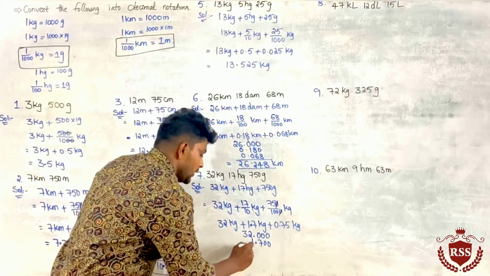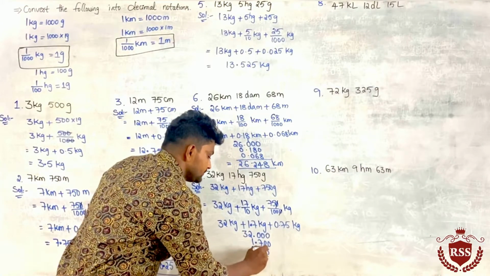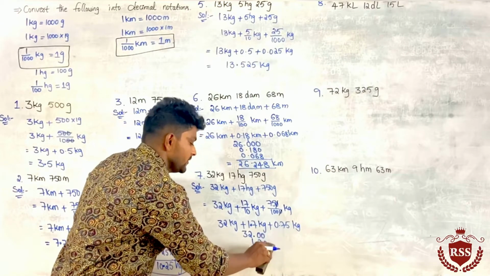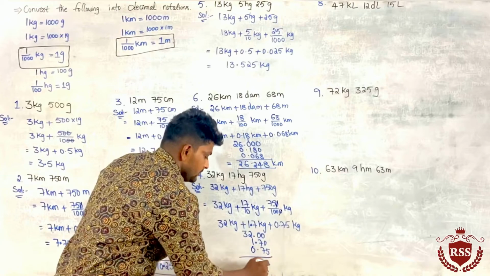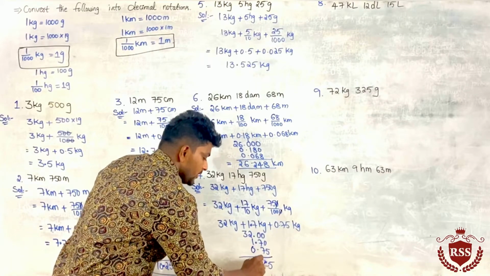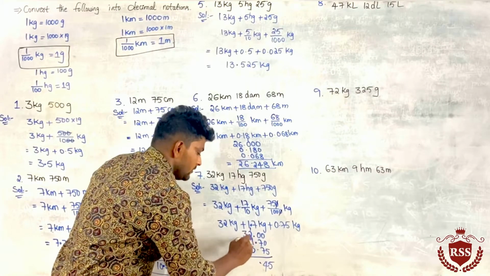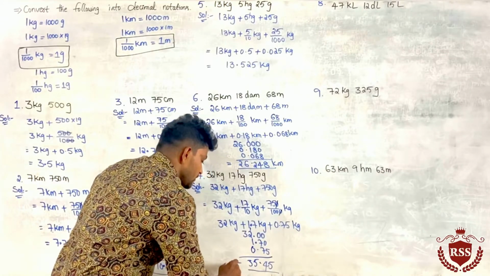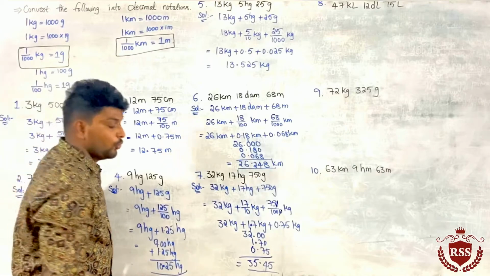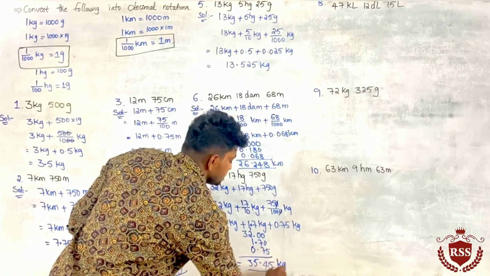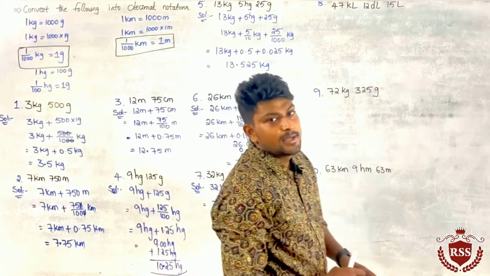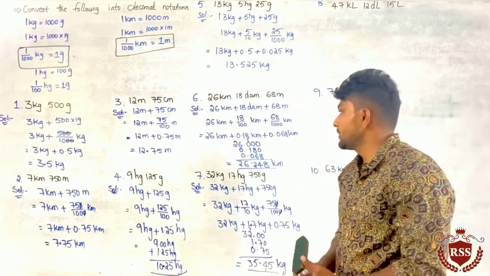Next, 0.75, we have only 2 decimal digits. So 5, 7 plus 7, 14, 1, it will be 5. 35 point, the decimal notation will be 35.45 kilograms. So finally we get the largest unit in the given question, that is kilograms. Next one.